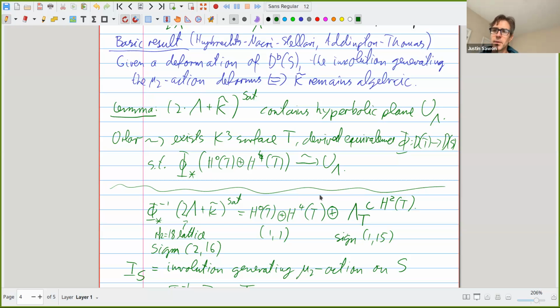Do you know how your construction relates to, I think it's work of Pantev, Bloch and Ben Bassett? They look at formal deformations of the derived category of an abelian surface. No, I don't. But in some sense, it almost must give the same, right? Because our construction gives any deformation that preserves a positive definite rank 2 lattice, and I would be surprised if theirs doesn't come with that, right?